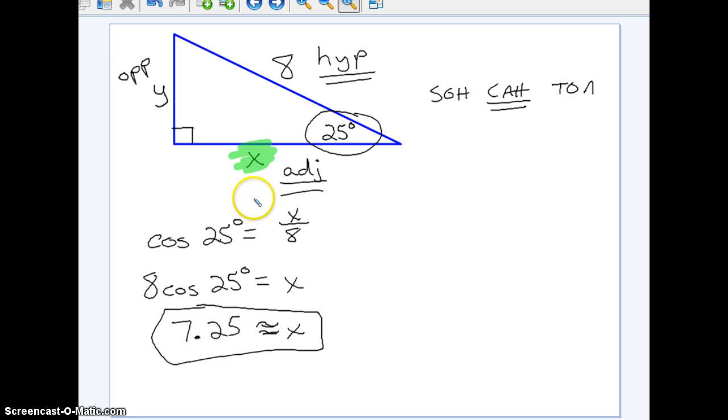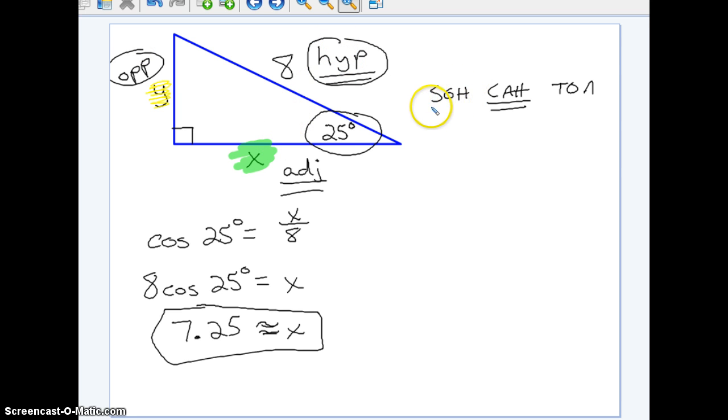Alright, now to find y. I want to find the length of y. Now, I don't want to use the adjacent and hypotenuse. I want to use the opposite and hypotenuse.